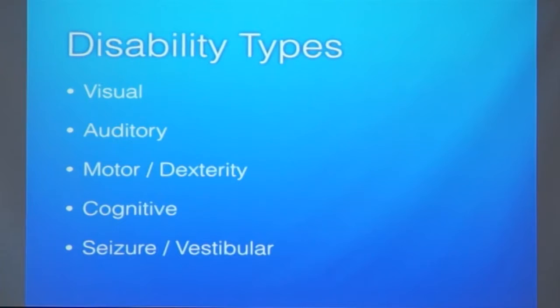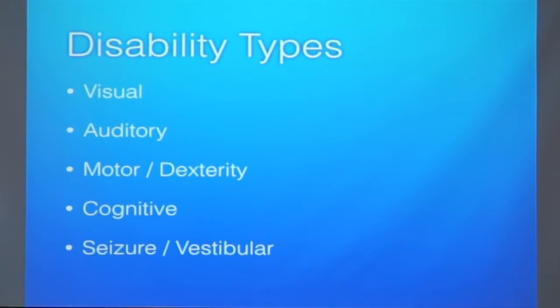Cognitive. Cognitive is my new fascination. It's also the hardest thing to design for, to plan for, because, let's say you have 6 different cognitive issues, but they could manifest in millions of different variations. Take, for instance, autism.